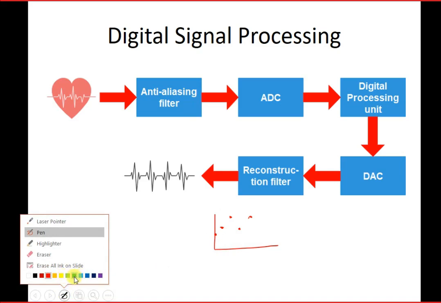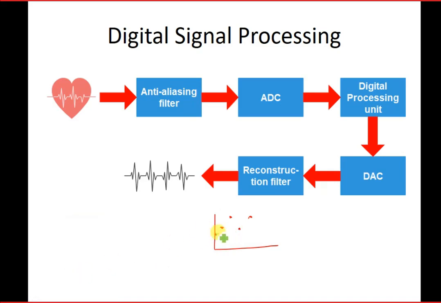When you convert it into the analog signal, you will be getting a pattern which is called staircase. You get a staircase pattern like thing, right? Now, does any analog signal look like this? No, it is not practically possible.